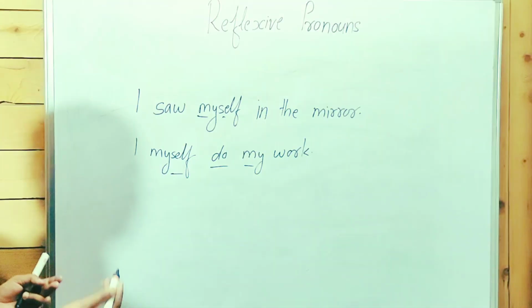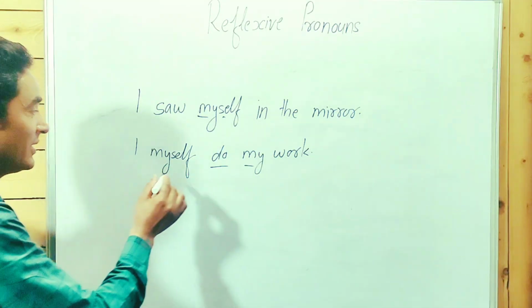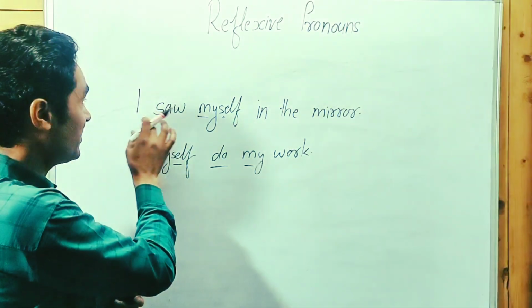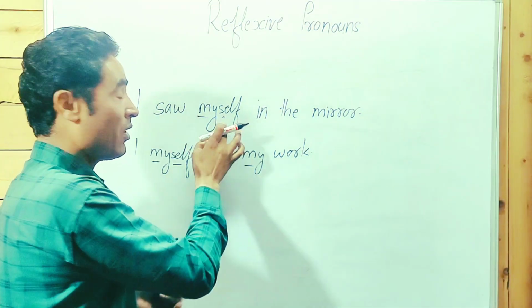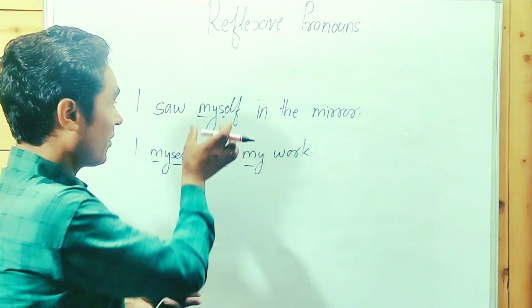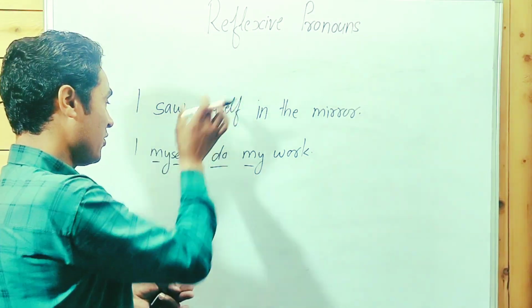Guys, point to be noted here. What does it mean? Myself has been written here after the verb: same subject, same object of the verb, so we use a reflexive pronoun.